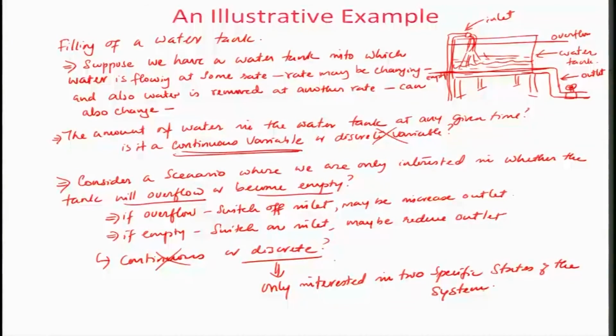The two specific states that you are interested in are empty or overflow. Everything else is immaterial to you. Whatever the water level is in between, you do not care. So, that is where you have now discretized a continuous system. Okay. So, this is an example of how sometimes you study a simple system.